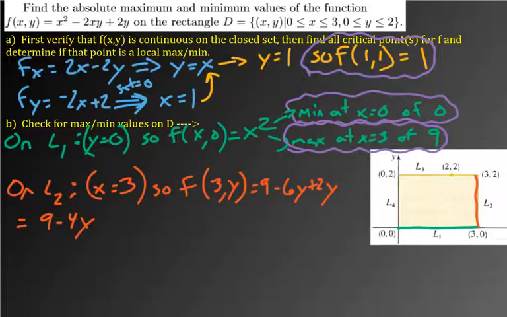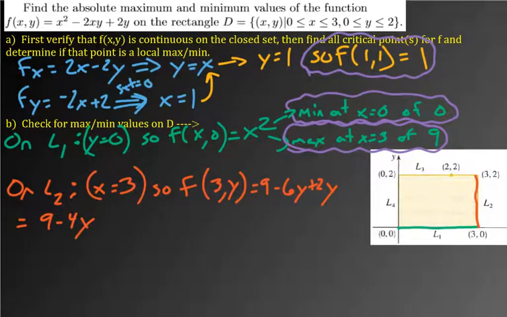And 9 minus 4y is just a linear function, and the possible y values are either 0 or 3, right? And I feel like I just said the wrong thing. I think I said 3. So the y values are 0 or 2, right? And if you take away nothing, then it's going to have its max value.